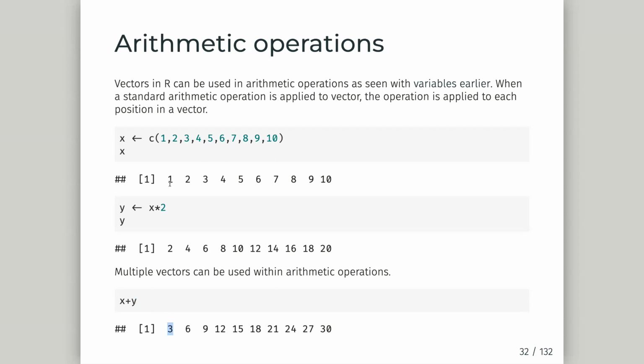It's because it's added the first value in x to the first value in y, the second value in x to the second value in y, and it worked along. Okay, so it's already doing something clever for us. It's adding these all up in a pairwise manner. And it's saving me having to do anything clever, like in Python, where I might have to loop through and add them together. Here, it just does it as a vector operation.